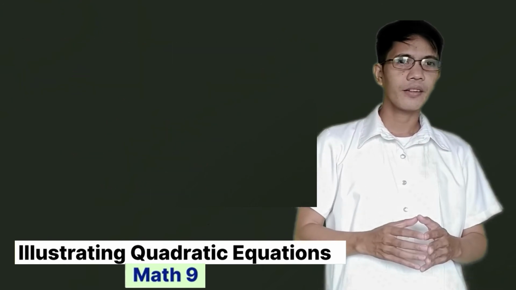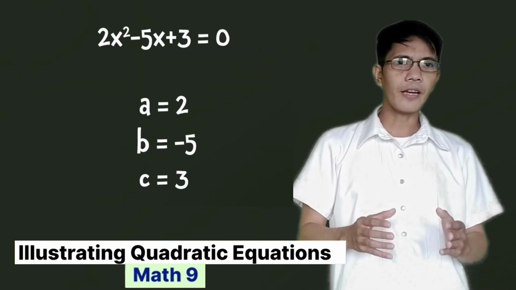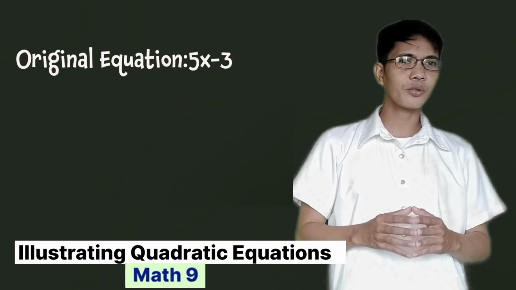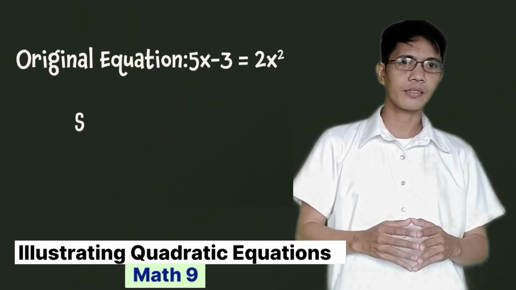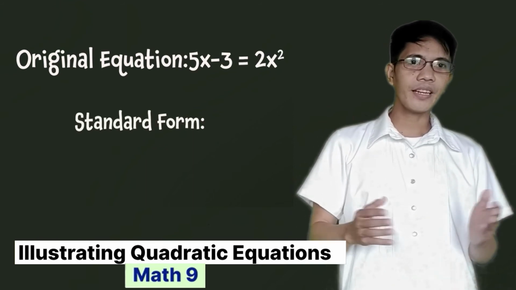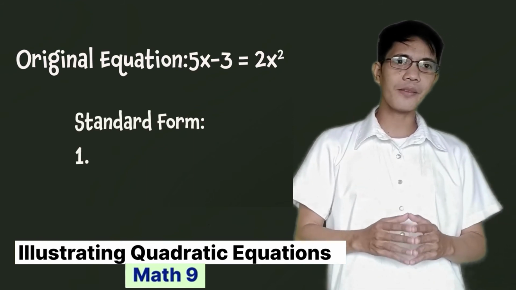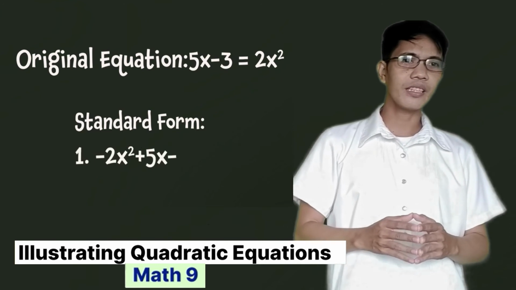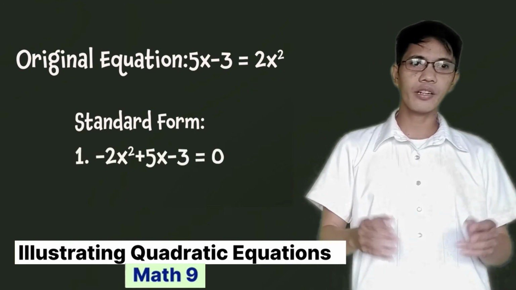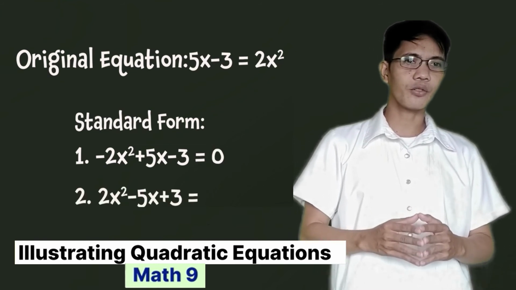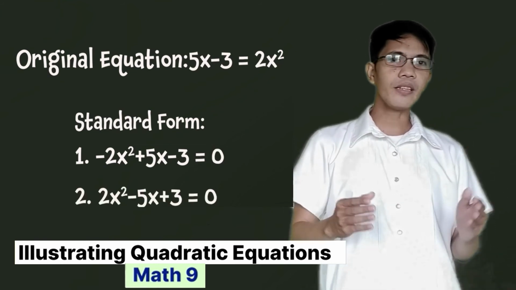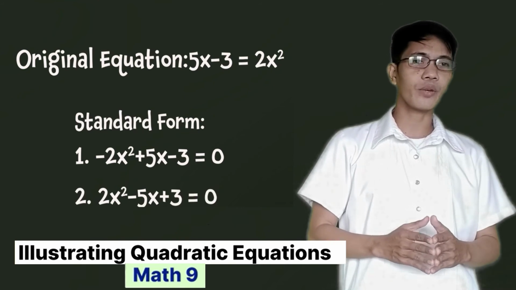So, the equation 5x minus 3 equals 2x squared can be written in two forms. 1. Negative 2x squared plus 5x minus 3 equals 0, or 2x squared minus 5x plus 3 equals 0. They are considered equivalent quadratic equations.